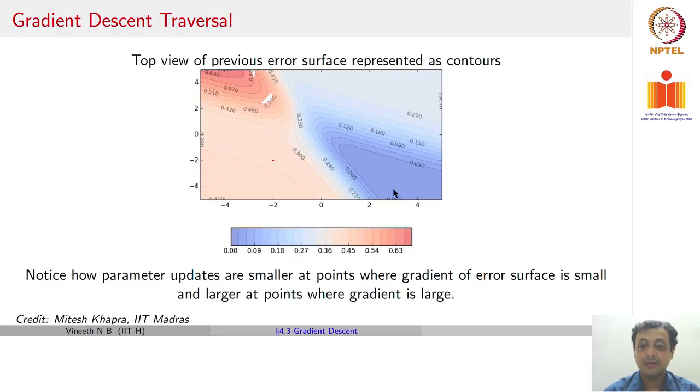Remember, we said that these are points which have a lesser gradient, the blue areas, and the red areas have a higher error value. Whenever the gradient of the error surface is small, the parameter updates are small, and whenever the gradient is large, the parameter updates are also large at those particular points.